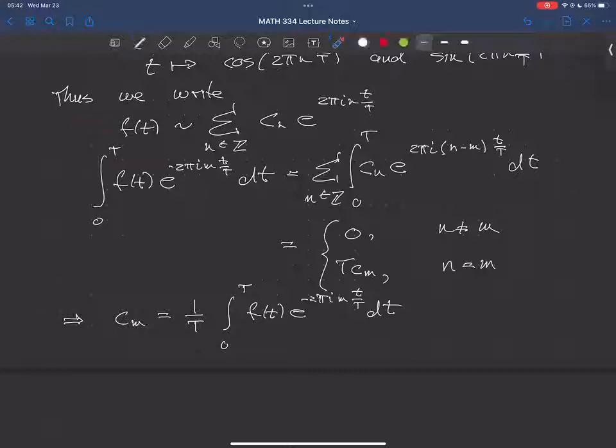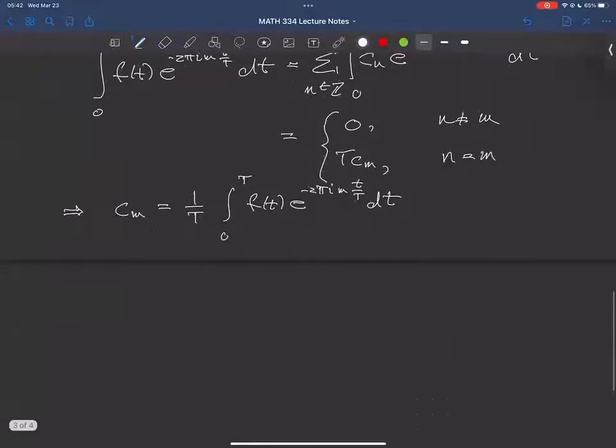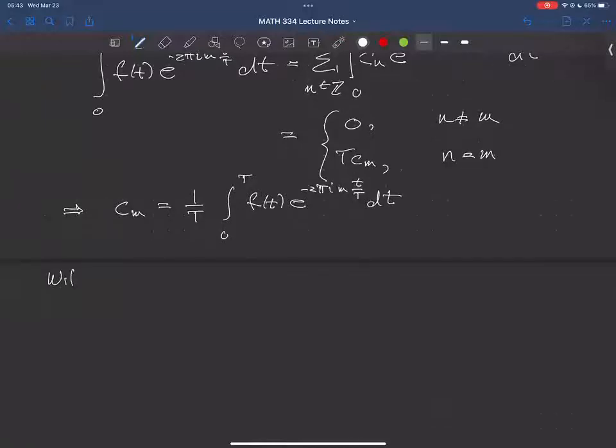Okay, and so based on that, we're going to define the first of our Fourier transforms.